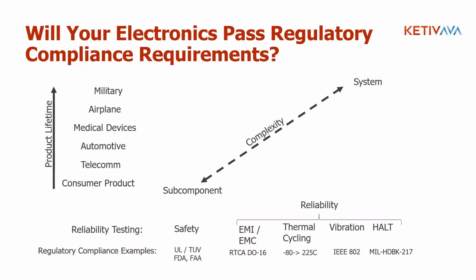If a failure happens, you might have life at risk. Similarly for medical devices or automotive products. And so there's a trade-off between how complex something is, and what sort of regulatory compliance requirements you might have to pass. And so some of these are listed on the slide at the bottom here.